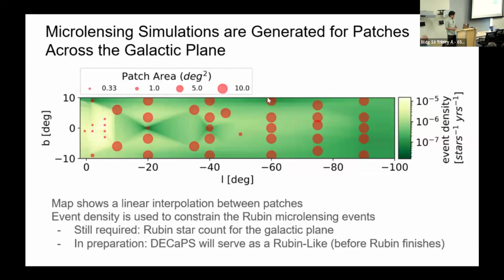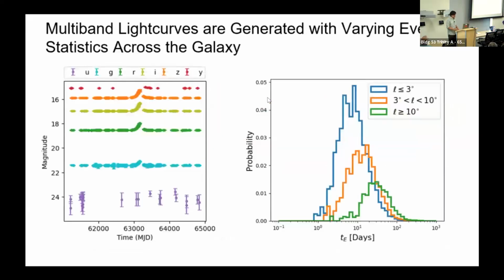So in the meantime, we're planning to use DECaPS as a Rubin-like and basically multiply it along the galactic plane to then get an event density per year. This will give us a better idea of what we can expect for the microlensing distribution across the galaxy. This is also only for negative latitude. Yeah, so what do these microlensing events look like?